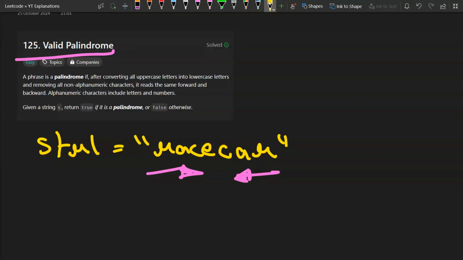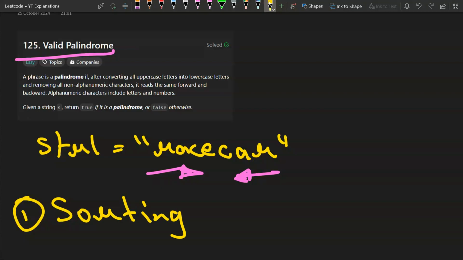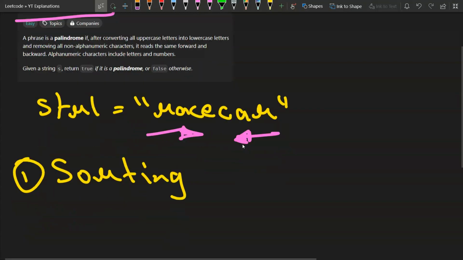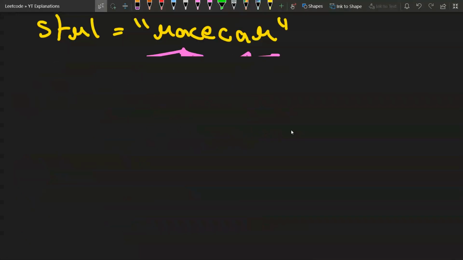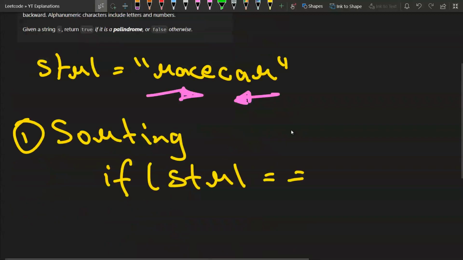The first approach which anyone can come up with is basically sorting. Essentially, we check if the string is equal to, or okay, pardon me, we don't sort it, but rather we reverse it.